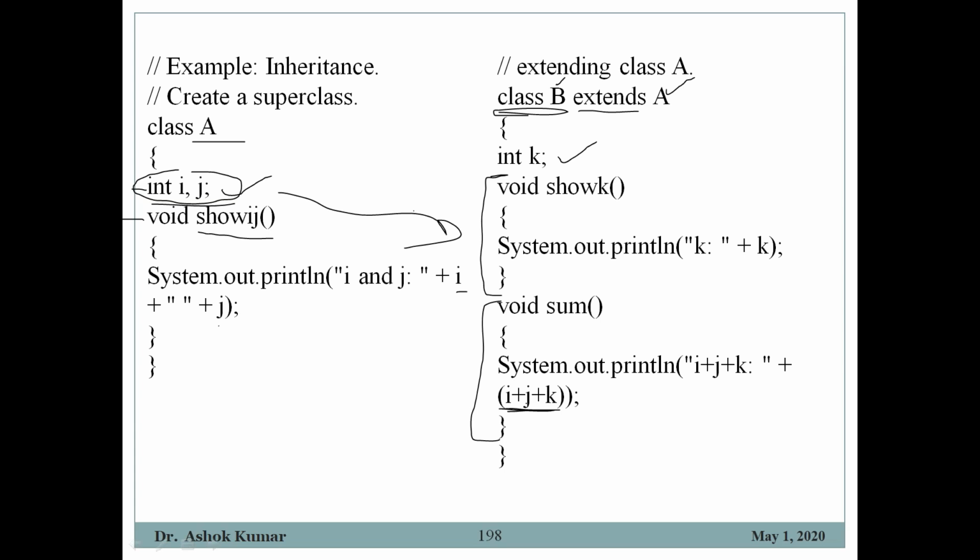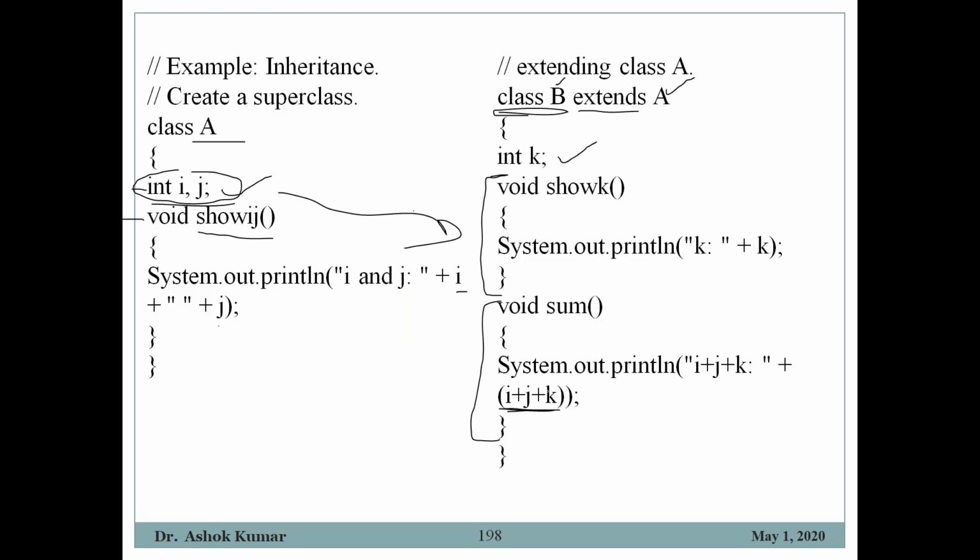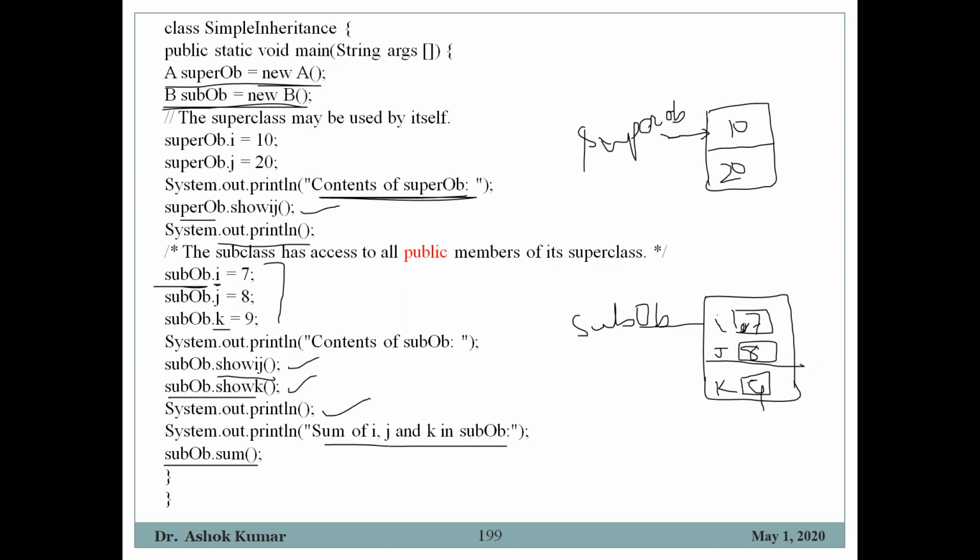So this will find the i, j and k sum, and after that it will print the result. So i plus j plus k is 7 plus 8 plus 9, so you will get 24, that will get printed on the screen.